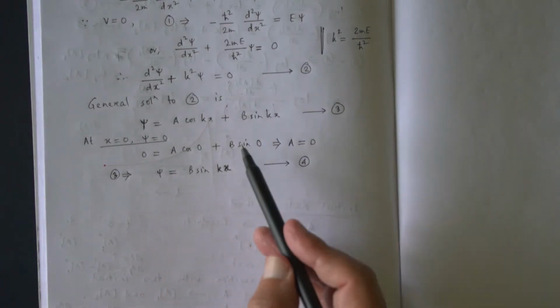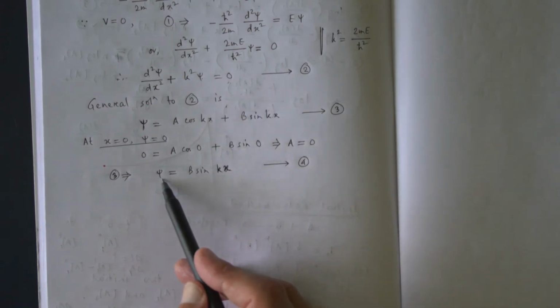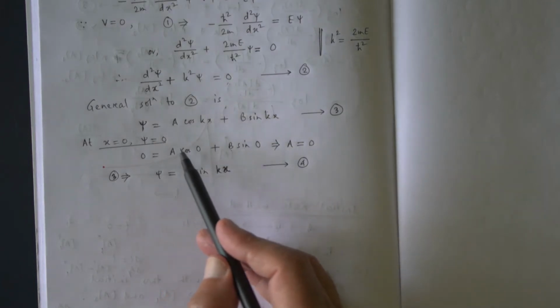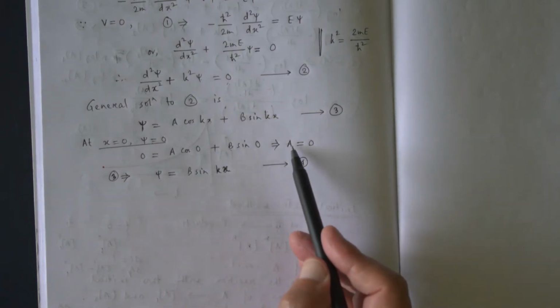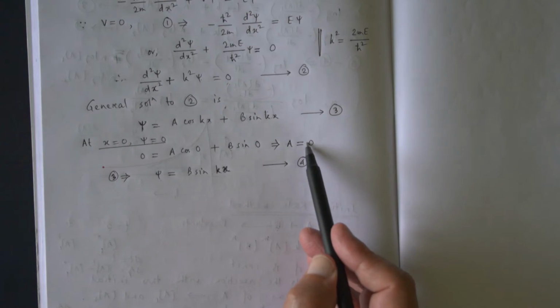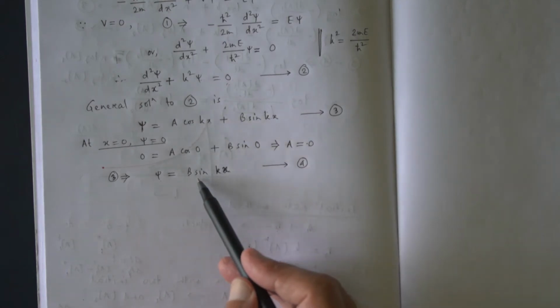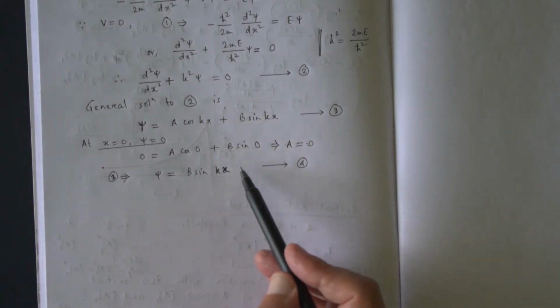So for this system psi is this, not this, because the boundary condition gives that a equal to 0. I repeat, for this system psi is not this, but psi is this.